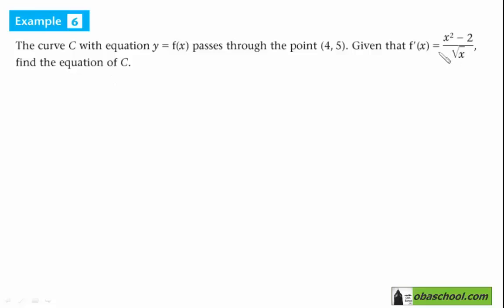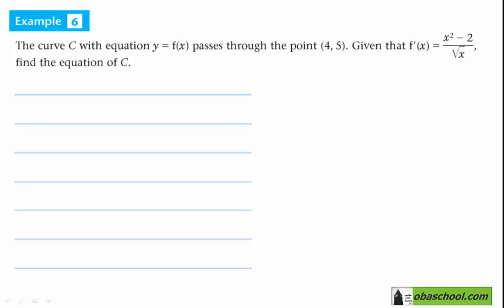Now, we are asked to find the equation for the curve C that is passing through the point 4, 5. The equation of C is y equal f of x, and we have the derivative f prime of x. Then, in order to find f of x, we need to integrate f prime of x with respect to x.